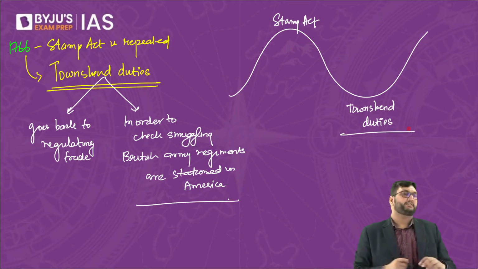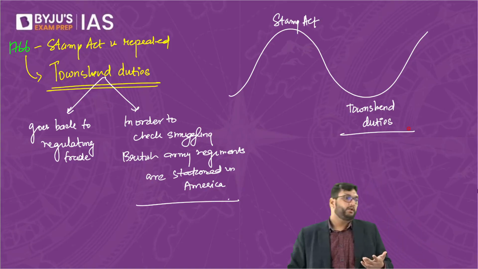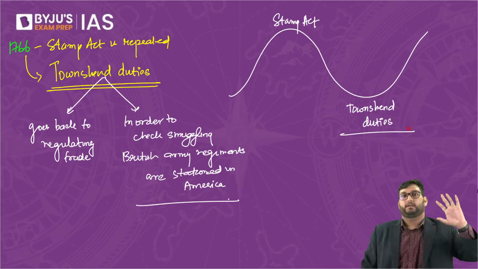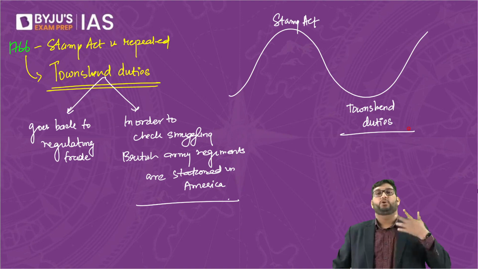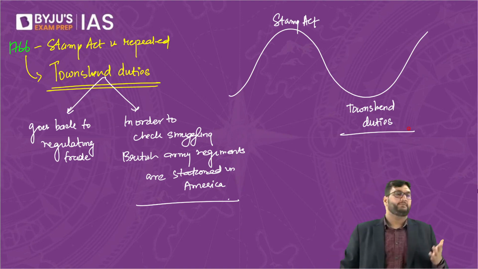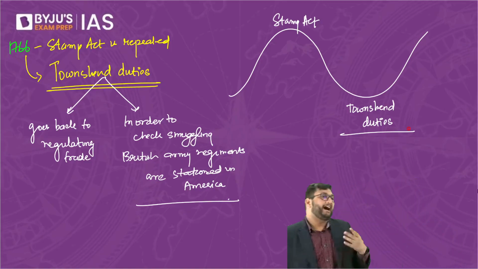So the British were considerate enough to not keep the Stamp Act. However, this Townshend Duties is going to create the context in which this relationship is going to become even more bitter. And how does it become bitter?